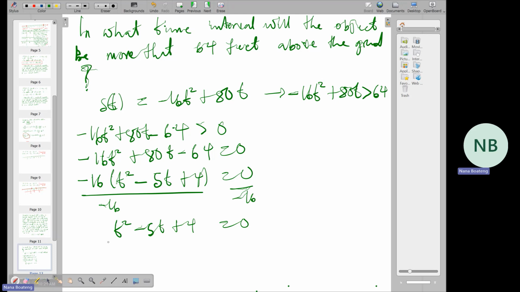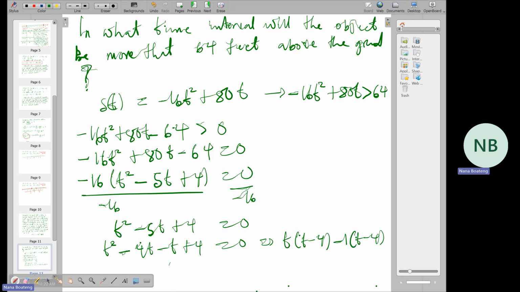This is the same thing as t squared minus 4t minus t plus 4 equal to 0. Factoring t out of the first two terms, t times t minus 4, and factoring negative 1 out of the third and fourth, minus 1 times t minus 4.